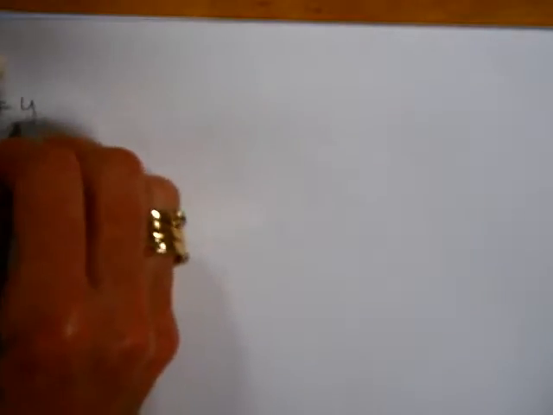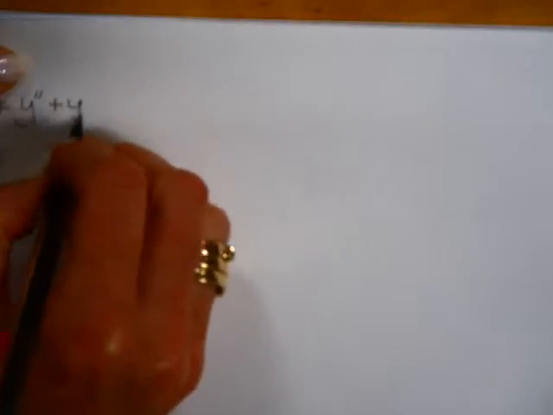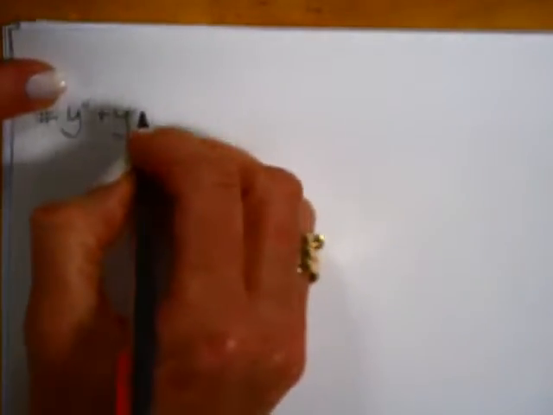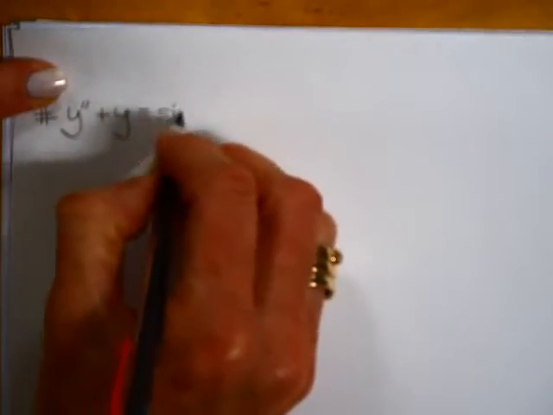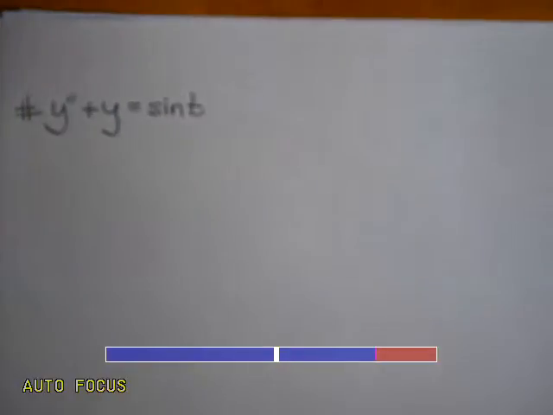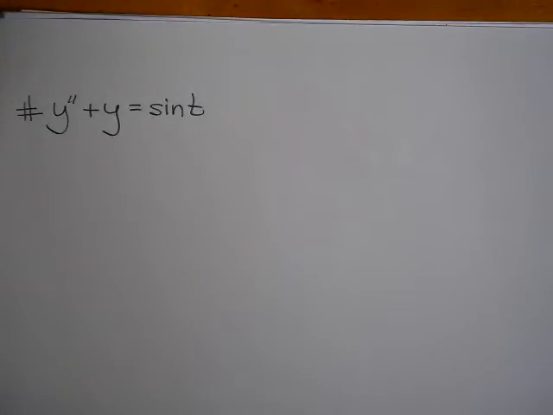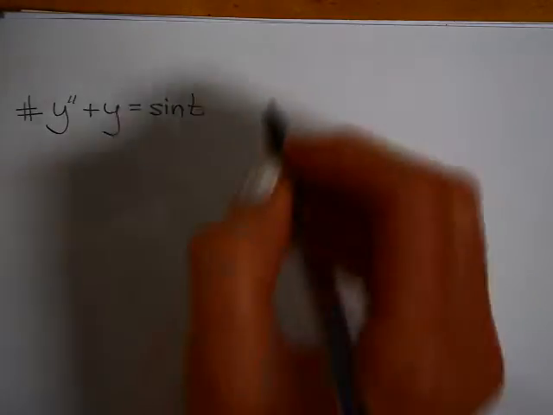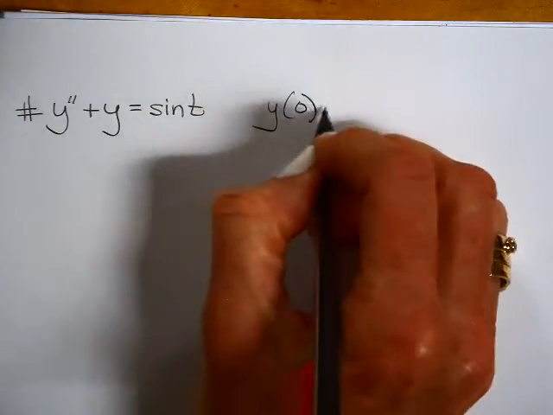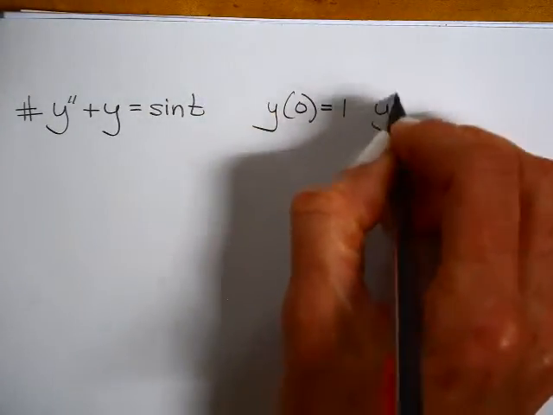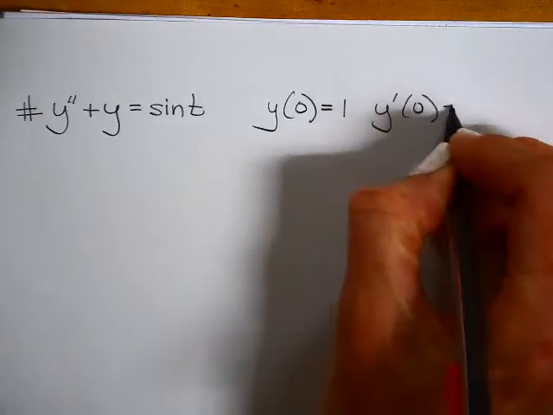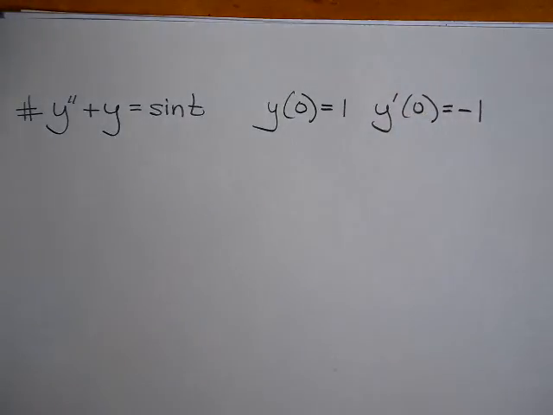And then they give you something like problem number 12, which is y double prime plus y is equal to the sine of t, and your initial conditions, y of 0 is 1, and y prime of 0 is negative 1.